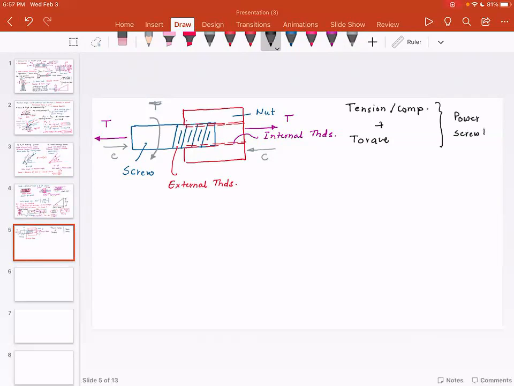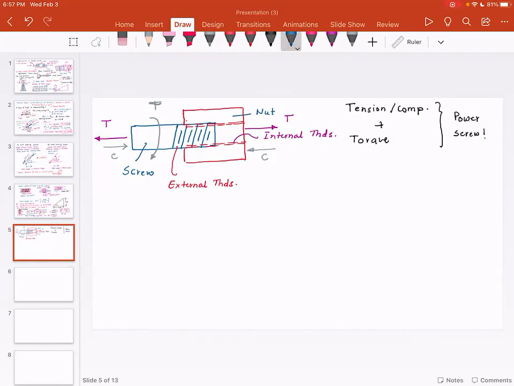Now this case is different when the nut and bolt assembly is just used as a bolted joint. When the nut and bolt assembly is used as a bolted joint, once you torque it, at that time you are going to have some amount of torsion, some direct loading. But once you remove the external torque, that whole assembly is going to be subjected to static stress. So you will not have simultaneous action of tension or compression forces and torque.